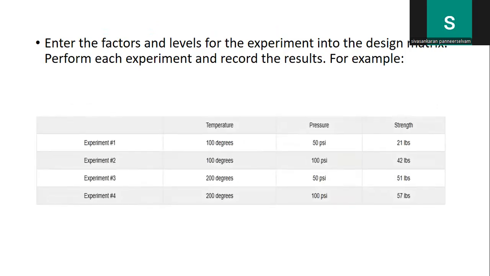So this is the experiment conducted for various temperature and pressure. From that, we are going to find out the optimal strength of the material measured in pounds.